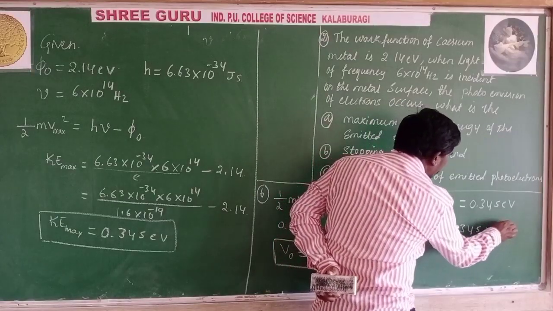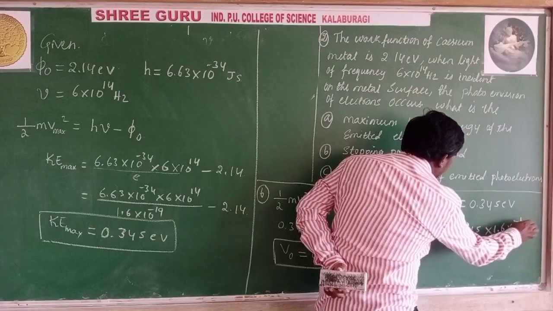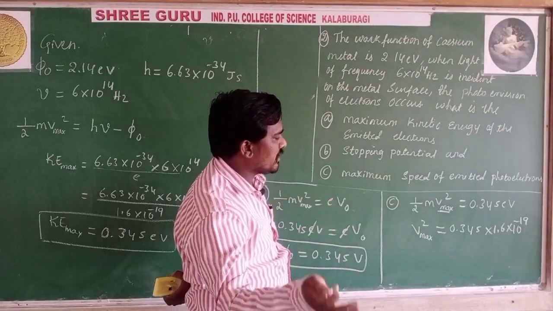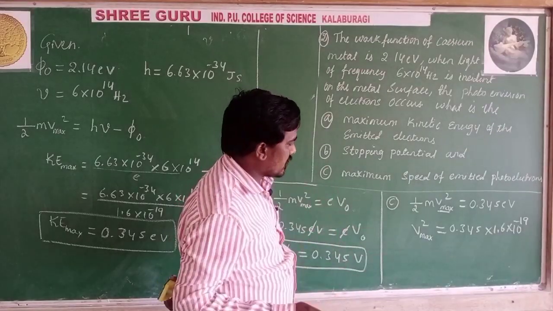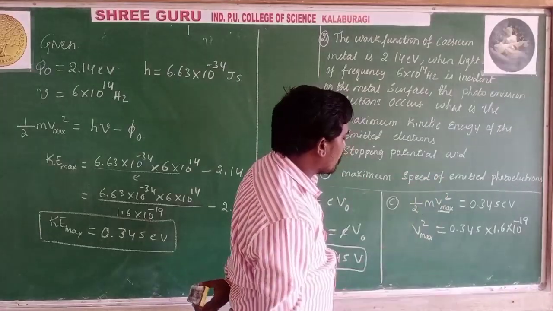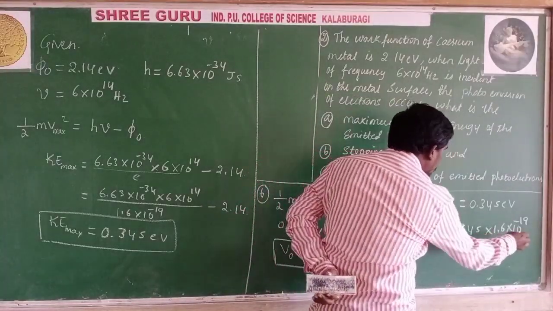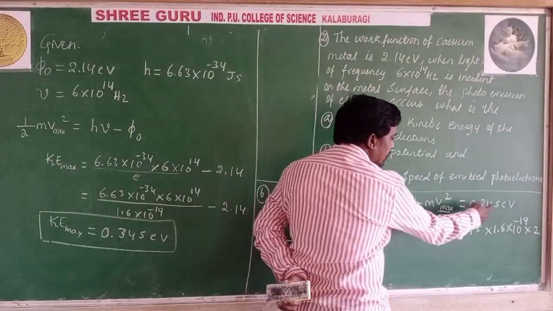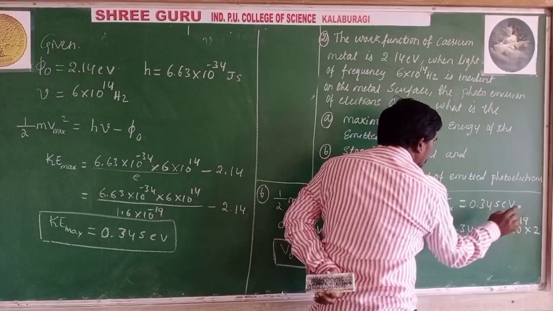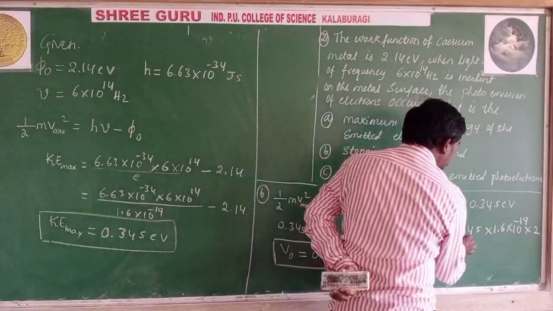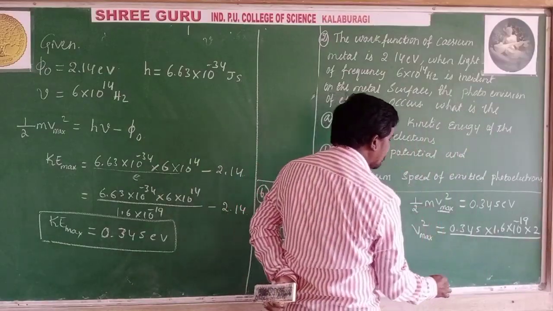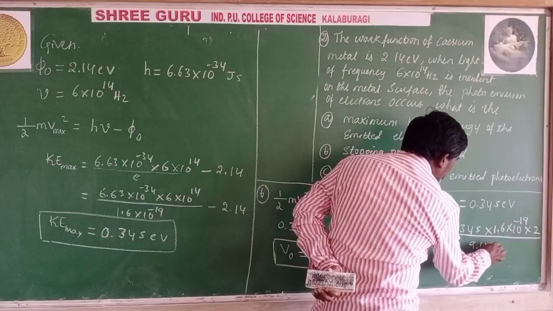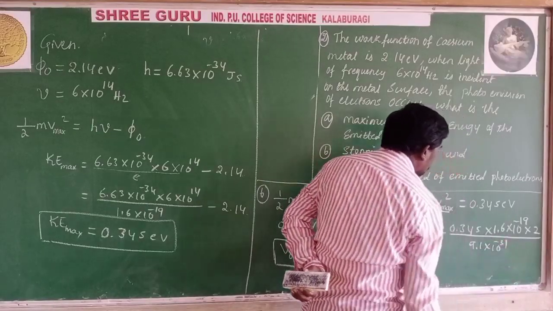0.345 electron volt means 0.345 into 1.6 into 10 raised to minus 19 coulomb into volt. Charge into potential difference is nothing but work. Now into 2, because this half is going to multiply here. Now divided by its mass, that is the mass of an electron, 9.1 into 10 raised to minus 31 kg.